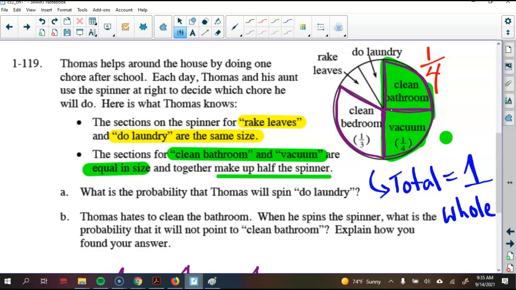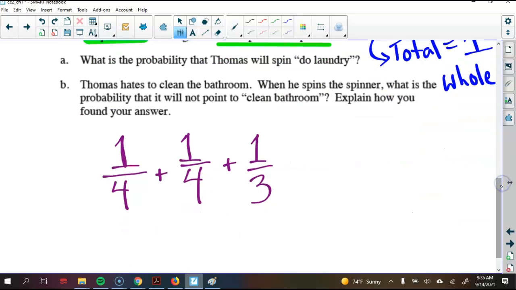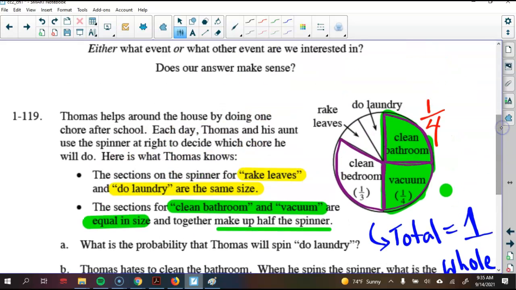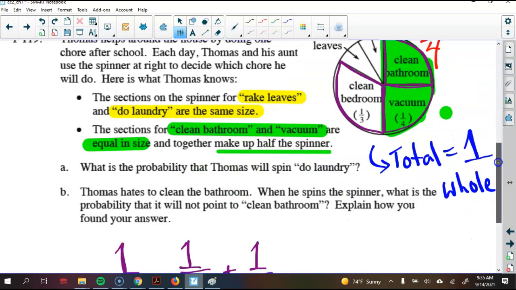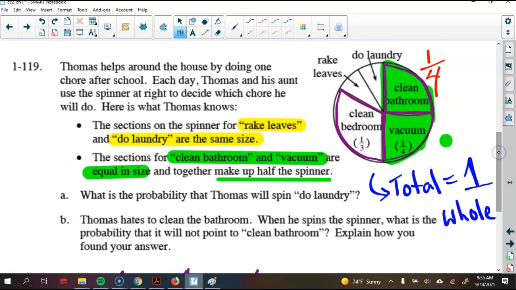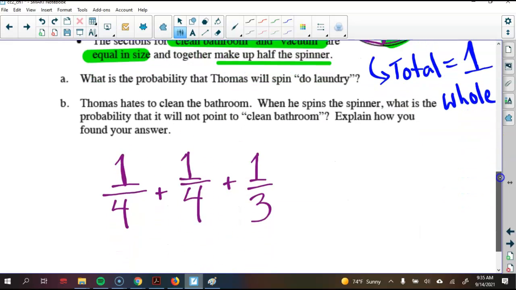So you guys told me this is 1/4 also, and this is 1/4. So I went ahead and said 1/4 and 1/4. And they told us this is 1/3. Can anyone help me know what to do from here, though? Eve? You gotta find the common multiple of 3 and 4.